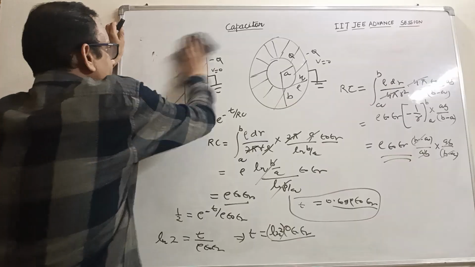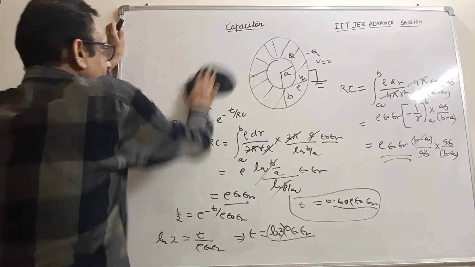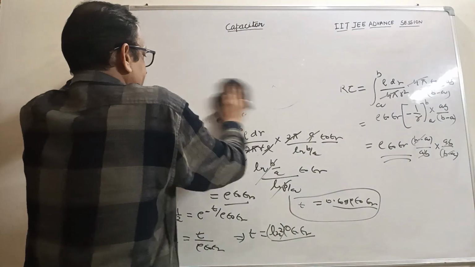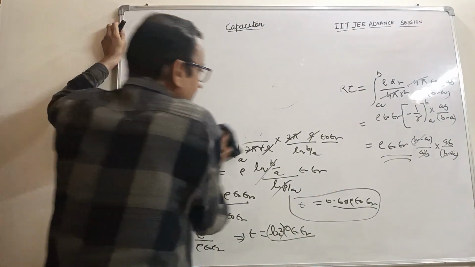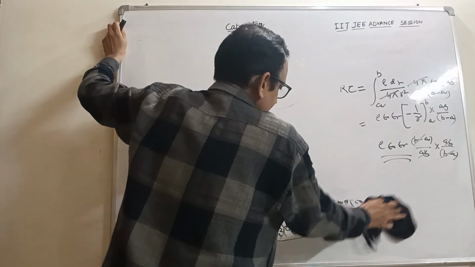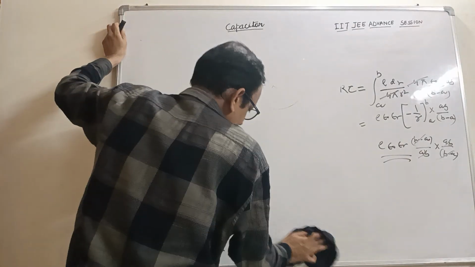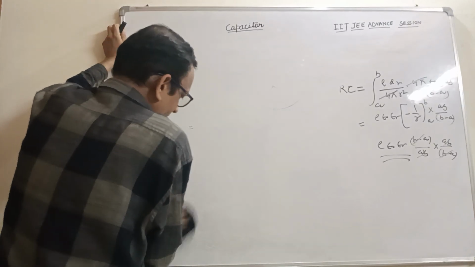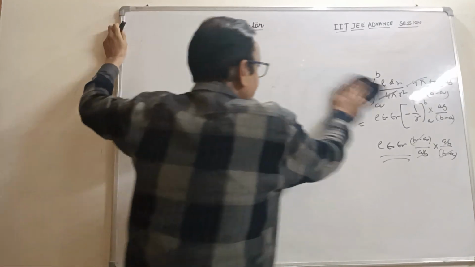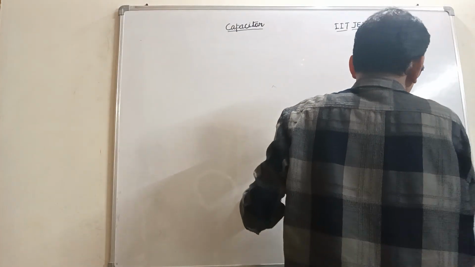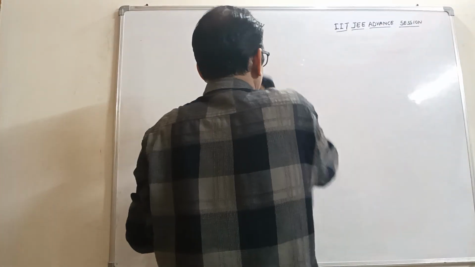So another problem. In this problem, a dielectric is being pulled by a solid cylinder, and the mass of the solid cylinder and the dielectric material are the same.